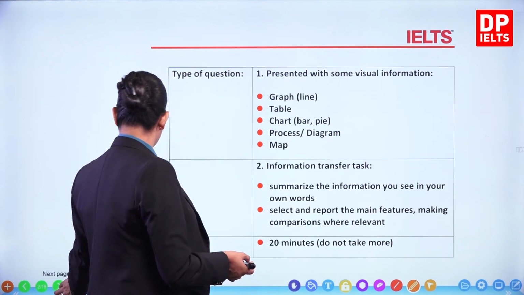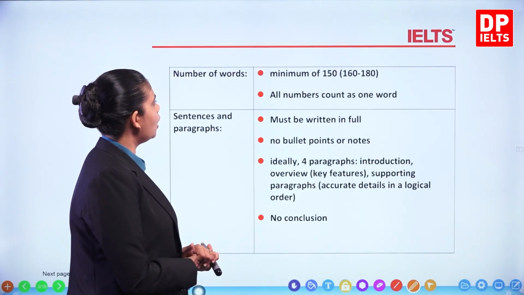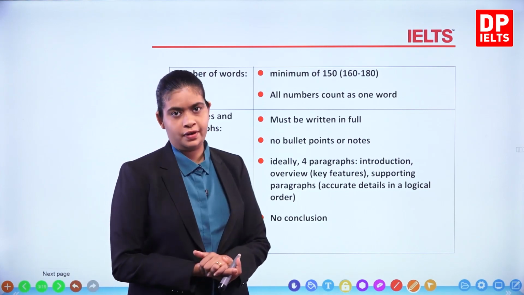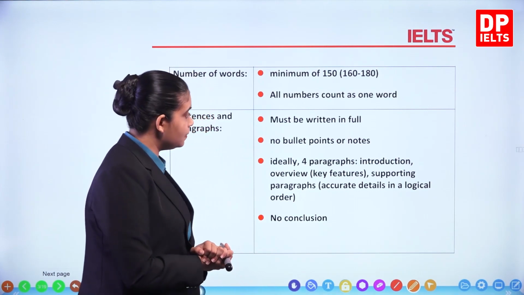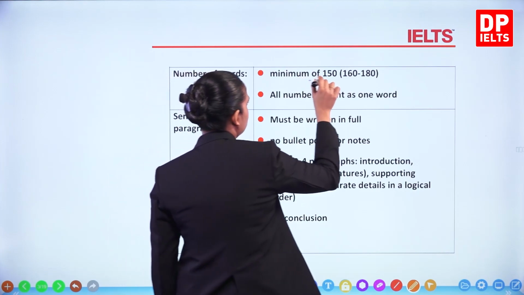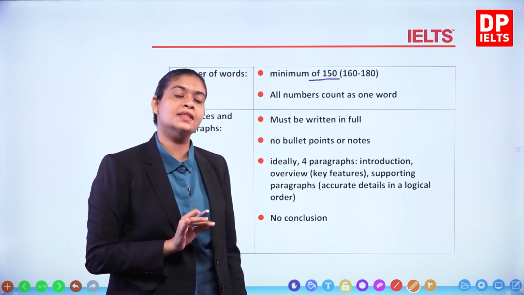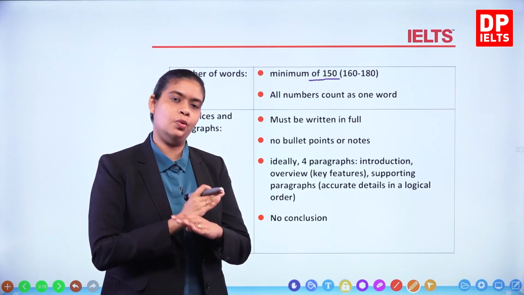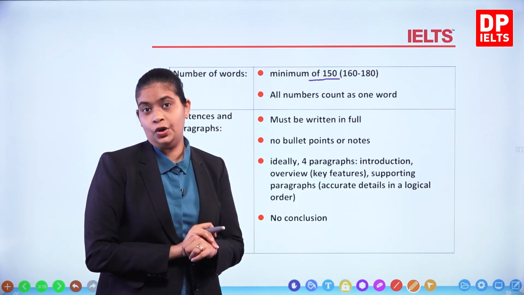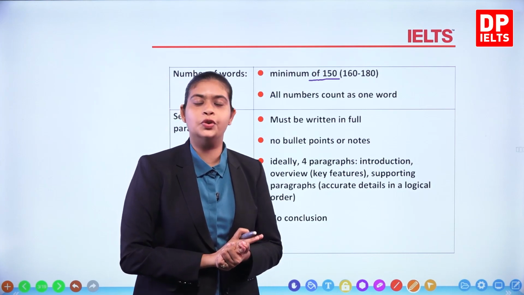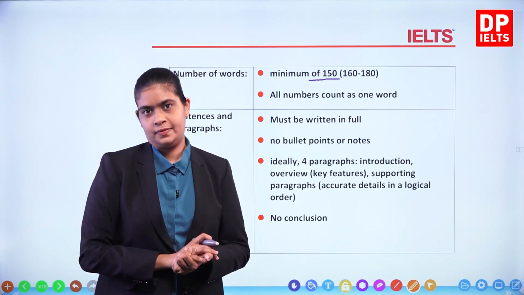Now, moving on, how many words should I write? The minimum number of words should be 150. Can I write less than 150? You could, but if you do so, you will lose marks, right?